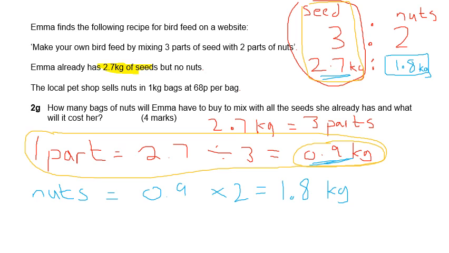That's most of the question done. However, the last thing is it's asking how much she pays for the bags of nuts, so there's this extra wee bit at the end. You can see it says here 1 kilogram bags at 68p per bag. She needs 1.8 kilograms, so she needs to buy 2 bags.